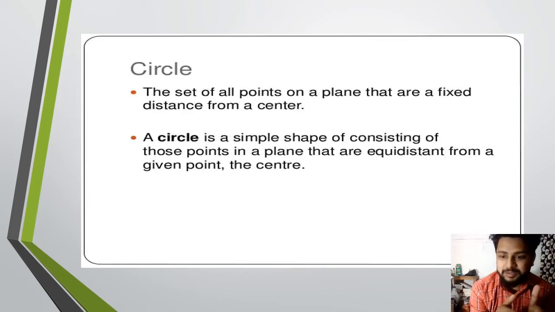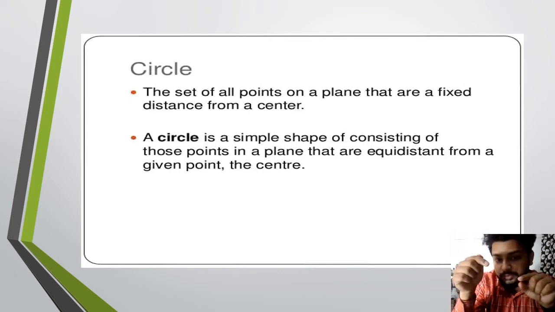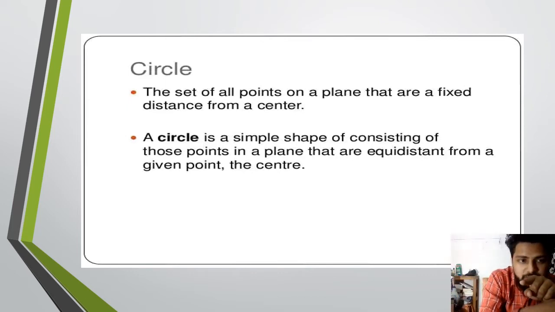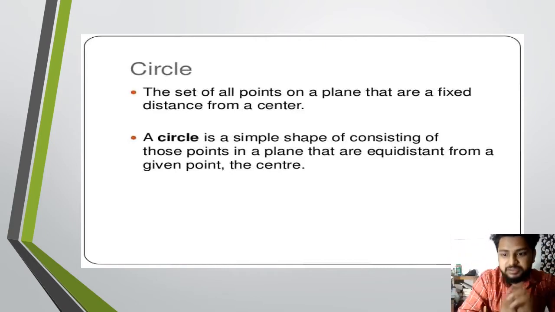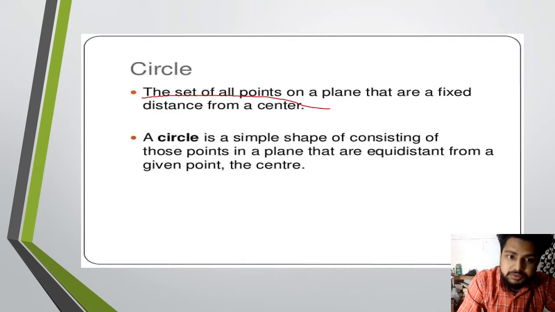But when we talk about a plane, going from a single point to all these points on the plane, it's a perfect circle. You can note it in your notebook: the set of all points on the plane that are a fixed distance from the center is called a circle.